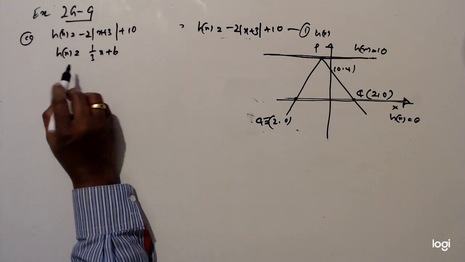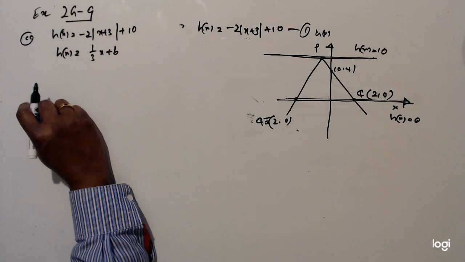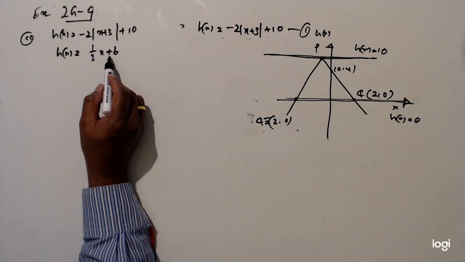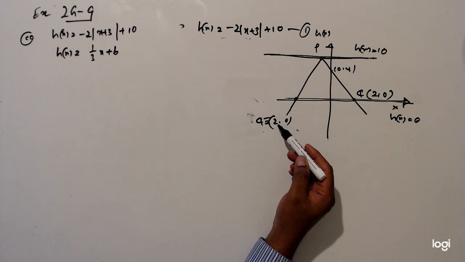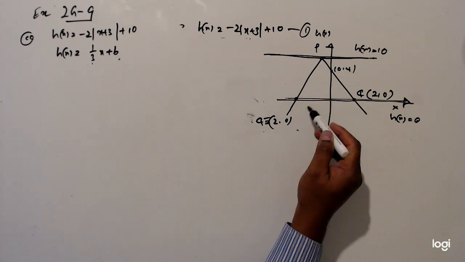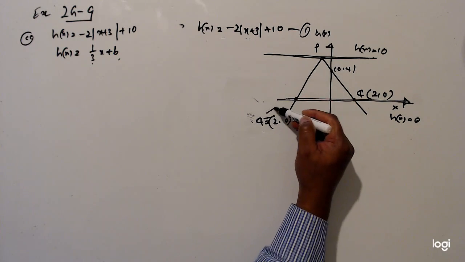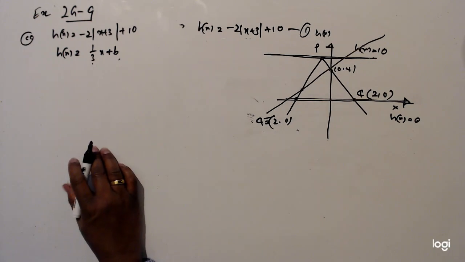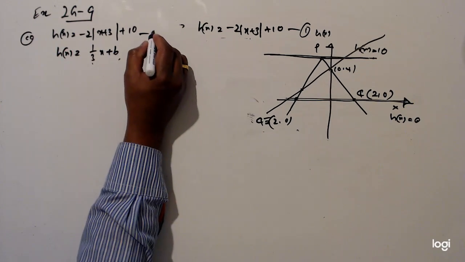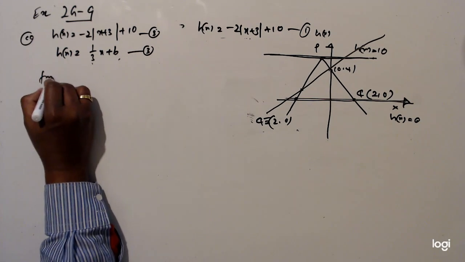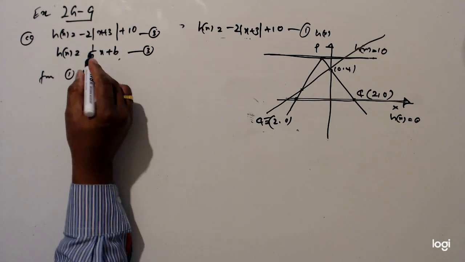Part C, we have to solve these two equations. This is 1/3 x plus 6, a positive gradient with plus 6, going somewhere like this. So 2 points we have to look at, from 1 and 3.